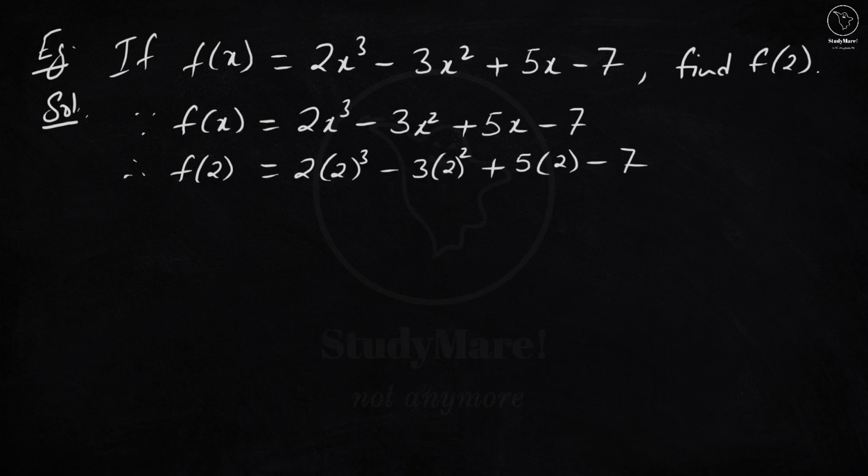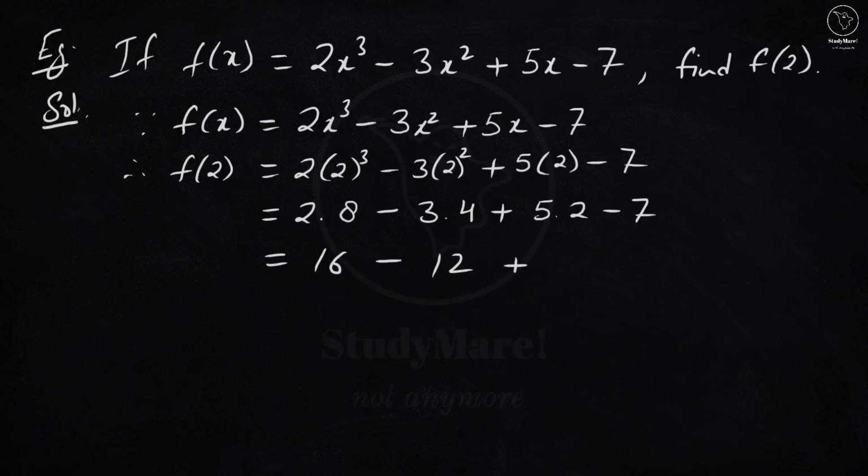Solving it further, we get 2 into 2 cube is 8 minus 3 into 2 square is 4 plus 5 into 2 minus 7 equal to 2 into 8 is 16 minus 3 into 4 is 12 plus 5 into 2 is 10 minus 7.